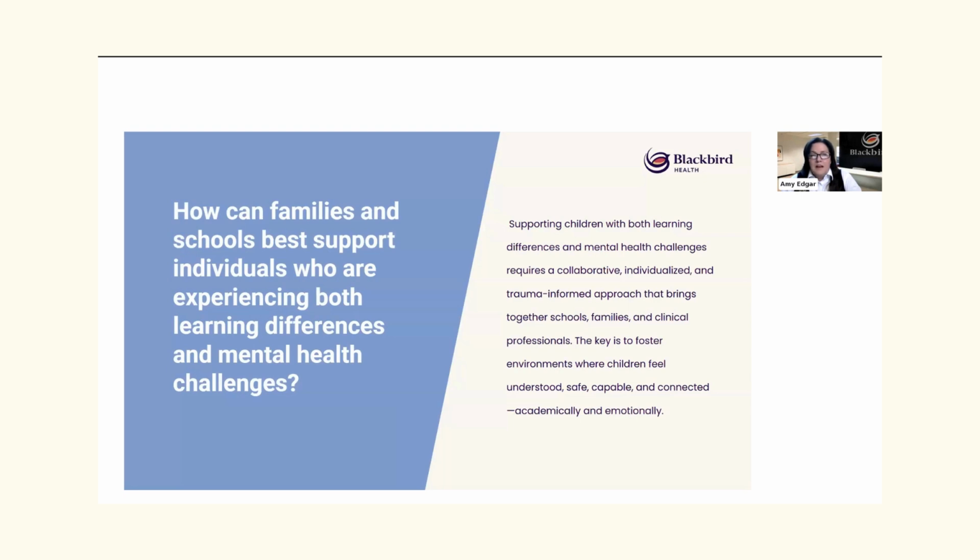So, thinking about collaboration with families and other medical providers, if you're teachers and guidance counselors, really looking at how do we individualize these plans of support. If you're talking about an IEP or even a 504 plan, how do we individualize this in the most helpful way for this child? Thinking about trauma-informed approaches.